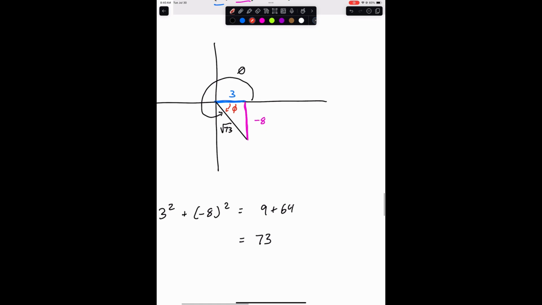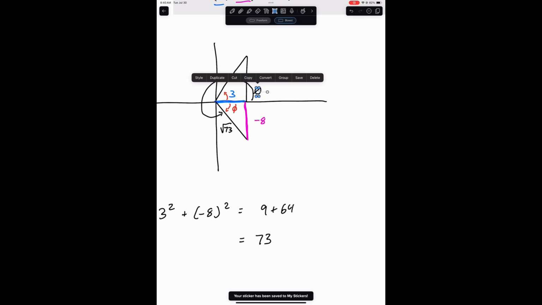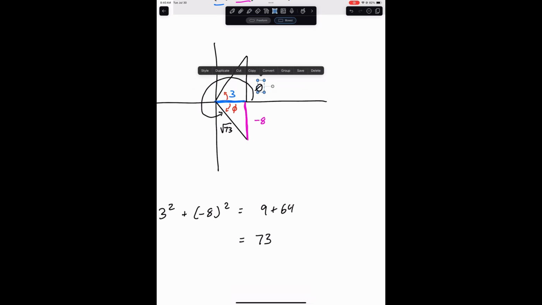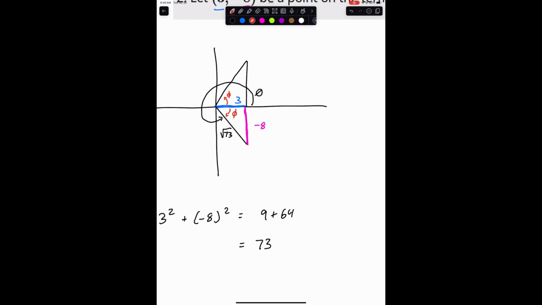If we go the same distance up this way, we get a similar looking triangle. Let me put theta right here. And then this is also phi. That means I have a 3 there, I have a positive 8 here and a square root 73.